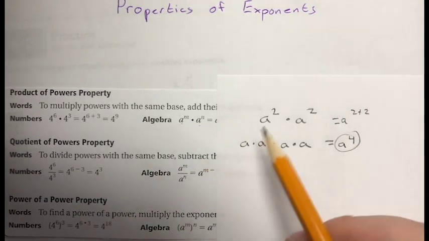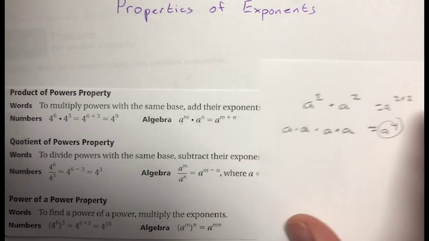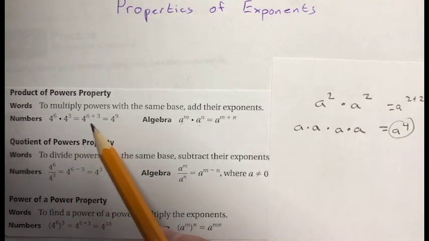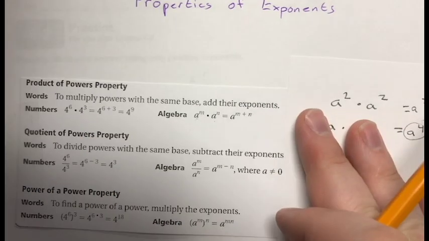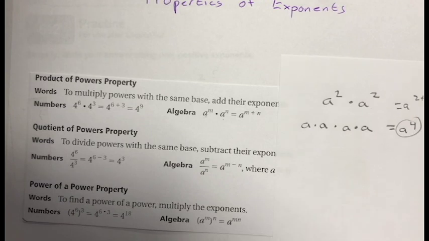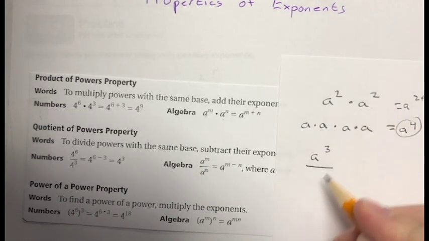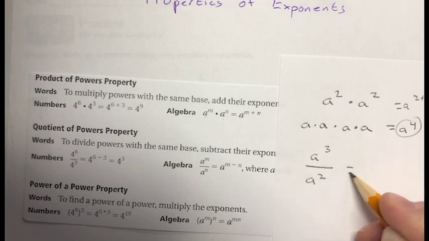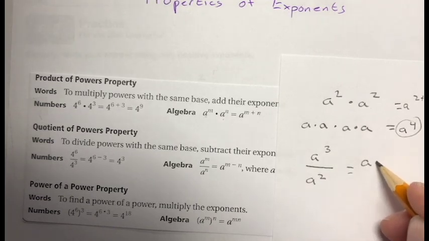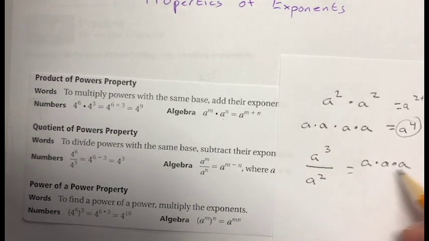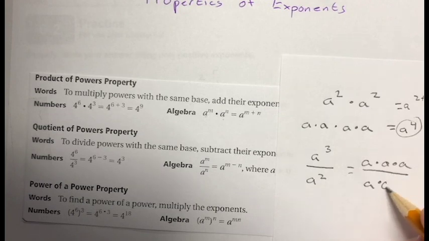And the same thing is happening with division. It's the same concept, but instead of adding the exponents, we are going to subtract them. So, for instance, let's say I have a to the third and I'm dividing by a squared. Well, I can really say a times a times a over a times a, and I can simplify this.